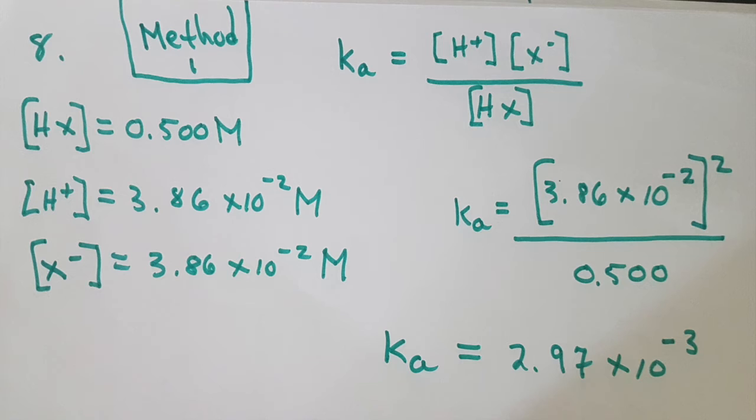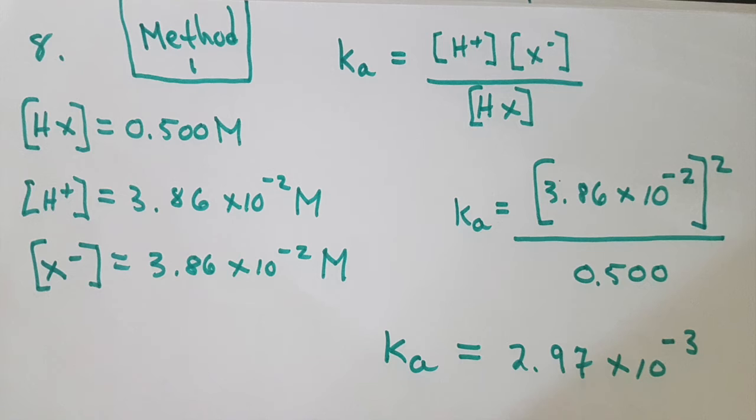So, you plug into your equation, which is Ka equals H plus times X negative divided by HX. Plug into the equation as I've done and solve for Ka. You can clearly see that you square the numerator and simply divide by the denominator, and you get 2.97 times 10 to the negative 3. So keep that in mind when we look at method 2.